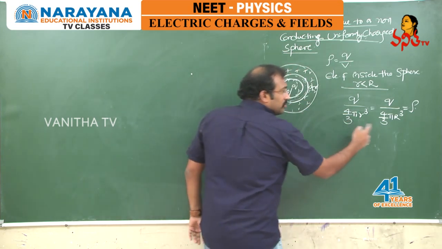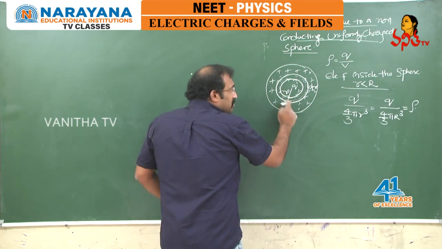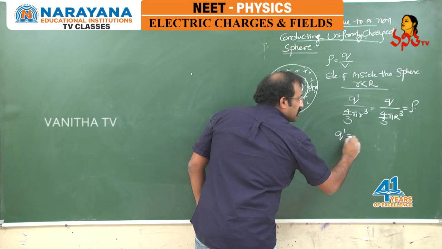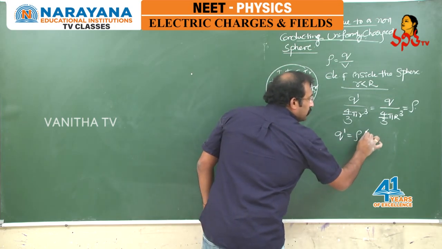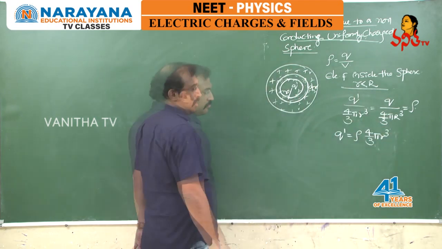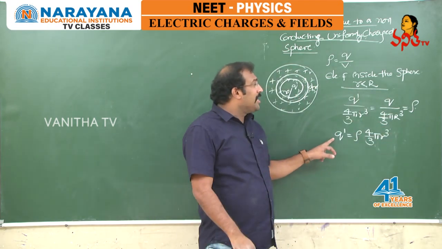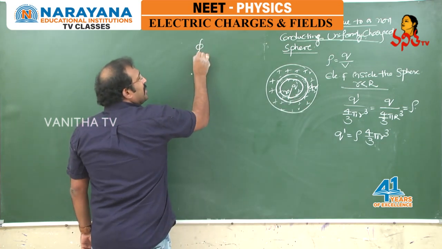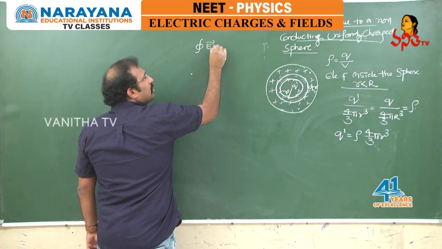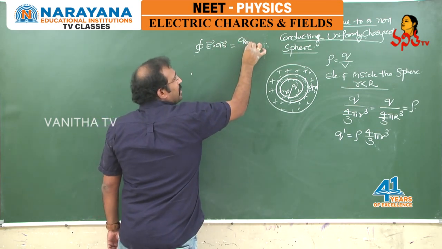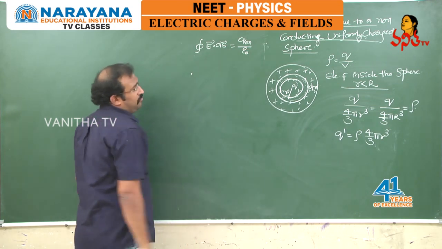Now I will write the charge enclosed by this small element: Q dash is equal to rho into 4 by 3 pi r cubed. Now applying Gauss law to find the electric field inside the solid sphere, the closed integral of E dot dS equals Q enclosed by epsilon naught.